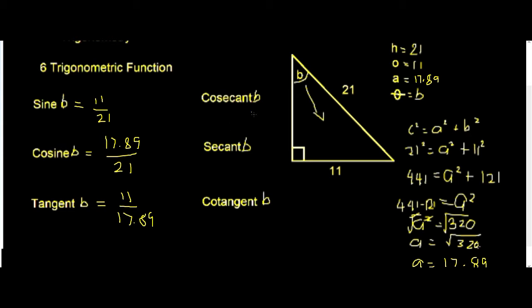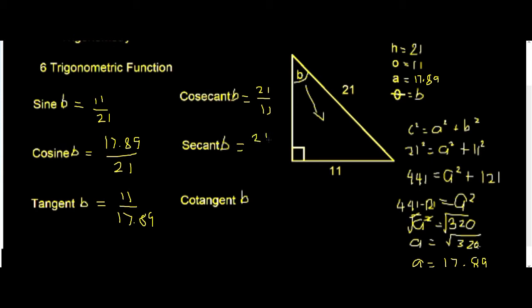Then you get the reciprocal of this. You have cosecant B is equal now to 21 over 11. Secant B is equal to 21 over 17.89. And your cotangent B is equal to 17.89 over 11. Next.